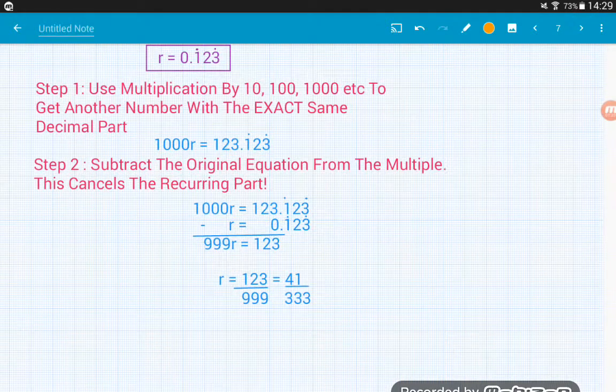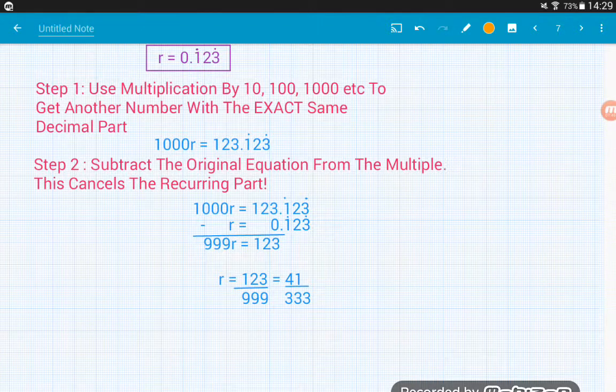Okay, what about a 3-digit recurrer? Again, not much trickier. We just need to do an even bigger multiplication this time to clear the pattern. So we've got 3 digits recurring, so we're going to need to multiply by 1,000 this time. And now that will give us 1,000r equals 123.123 recurring.